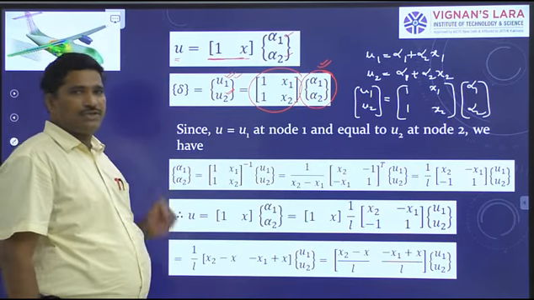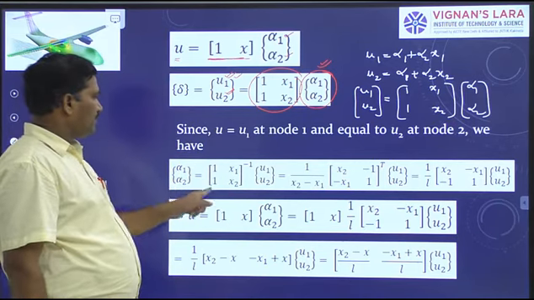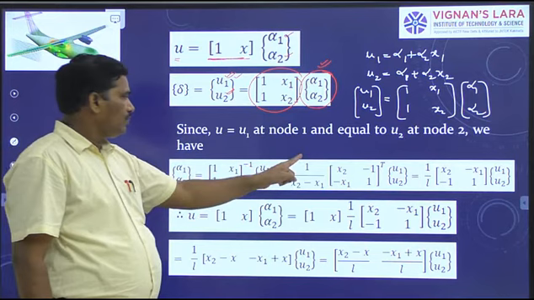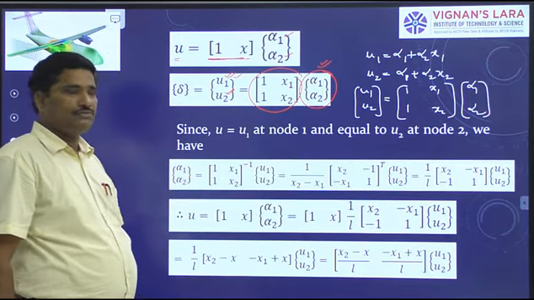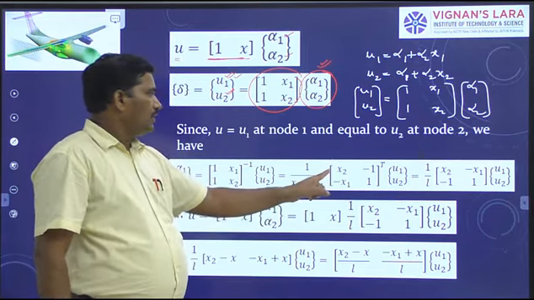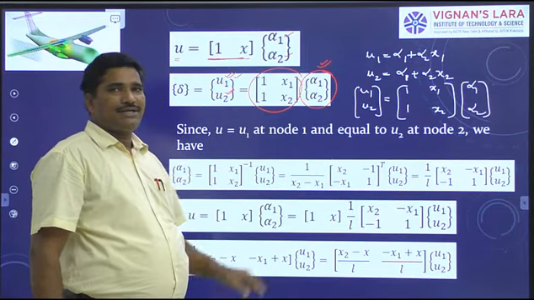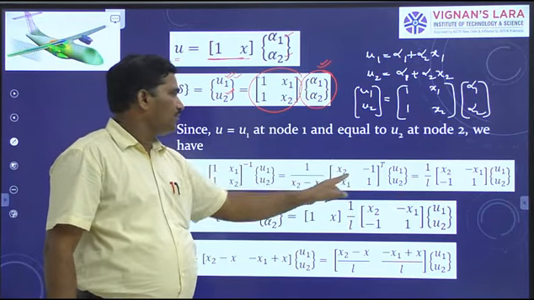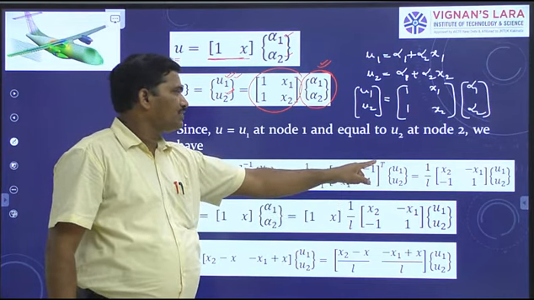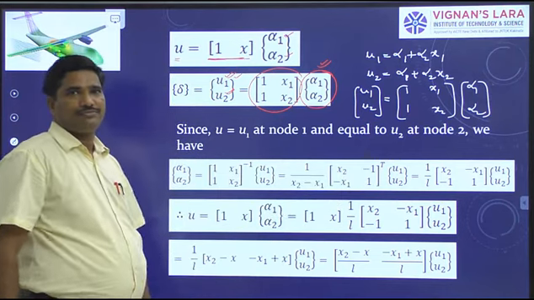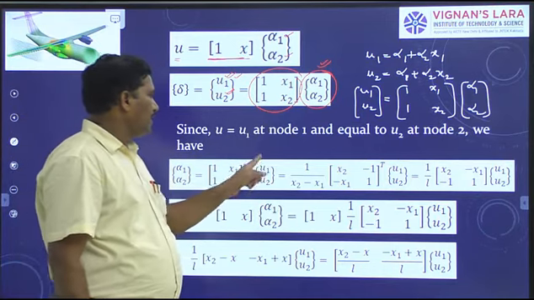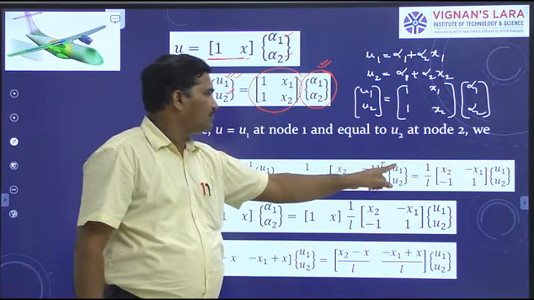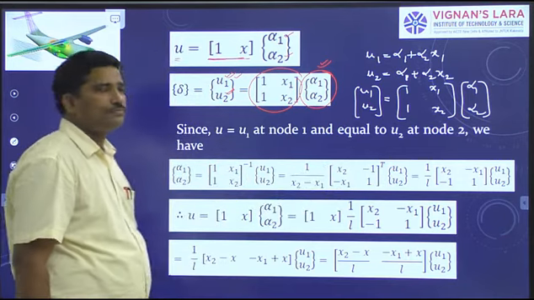Okay. Which equals, now, the inverse of this. How do we get it? 1 by x2 minus x1 into the transpose of a 2 by 2 matrix x2, minus 1, minus x1, 1. Understand? Into again a column matrix with elements u1, u2.